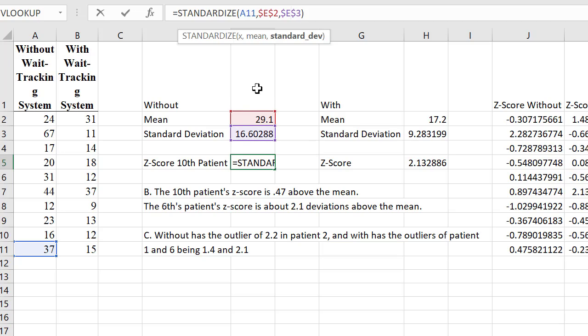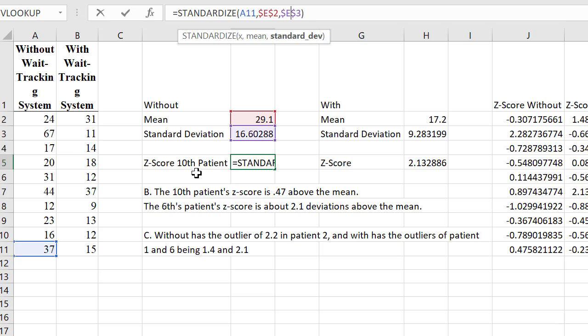Remember, to calculate that z-score, it's the value minus the mean divided by the standard deviation, and that automatically does this for you. So that's what I was looking for.